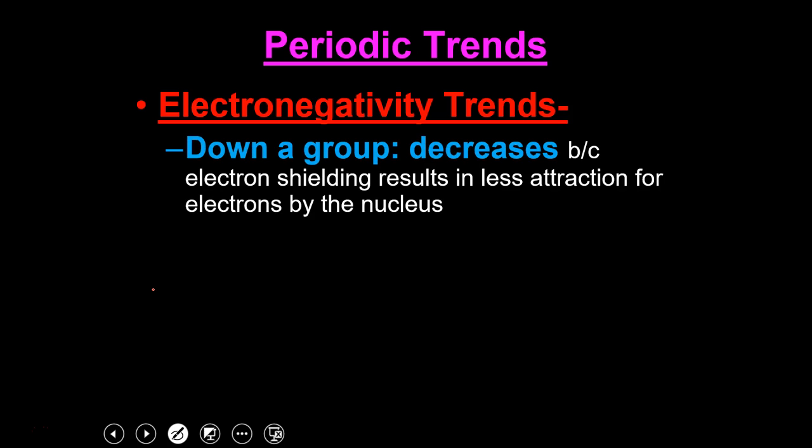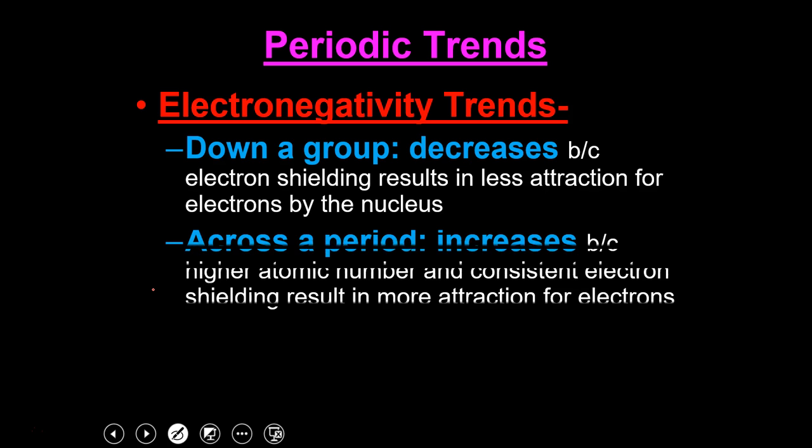So electronegativity as you go down, again, it's getting farther away. You've got that shielding going on. It just does not want another electron. As you go across, it increases. Mama nucleus is getting stronger because there's more protons, and it's getting closer to that magic number.